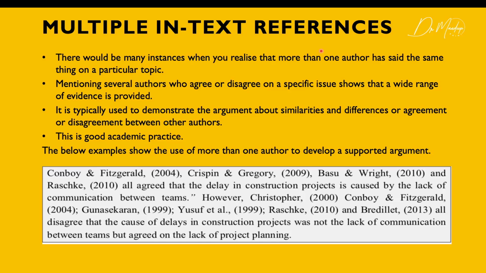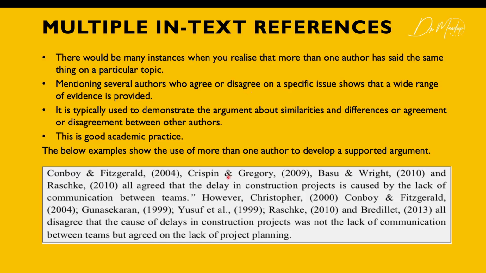Now, this example is about multiple in-text references, like I showed you in the table, where you got multiple in-text references. So over here, for example, you have multiple citations. You already collected citations from Google Scholar or your library website or journals or wherever, or from books. Then you are talking about that.